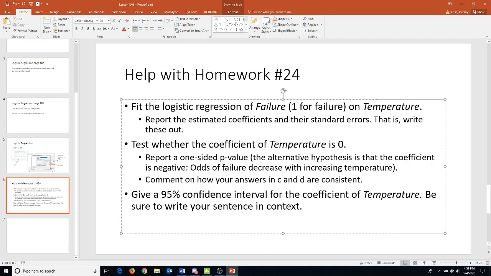I would have my estimate, and then, since it's negative, I'd have minus the multiplier times the standard error. Actually, let me pause and we'll come back to this.